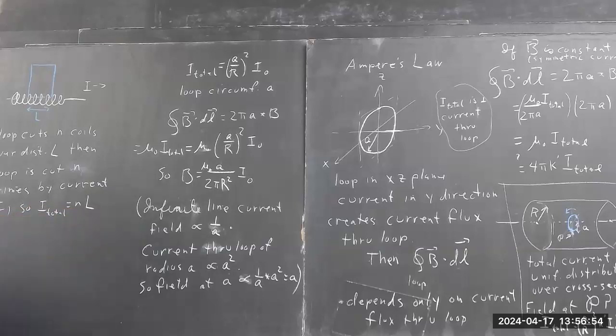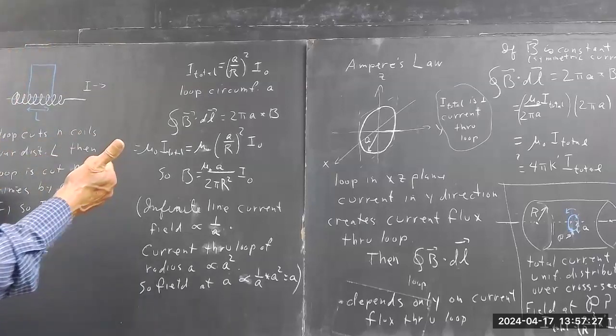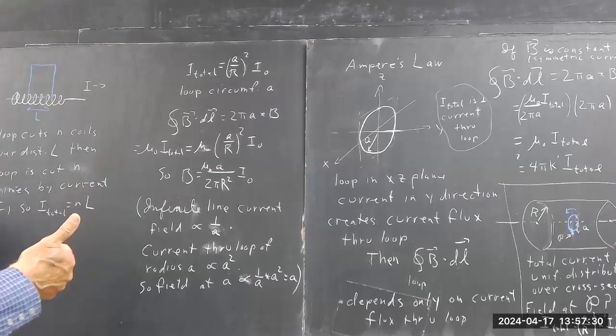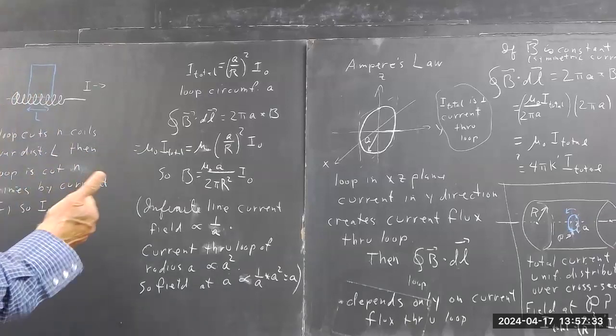Well, I total is N times I. So in this case, you cut it 4 times, so you've got 4 times I cutting this loop. The total contribution to the line integral of the vertical sides comes out to 0, assuming this loop is far from the ends.